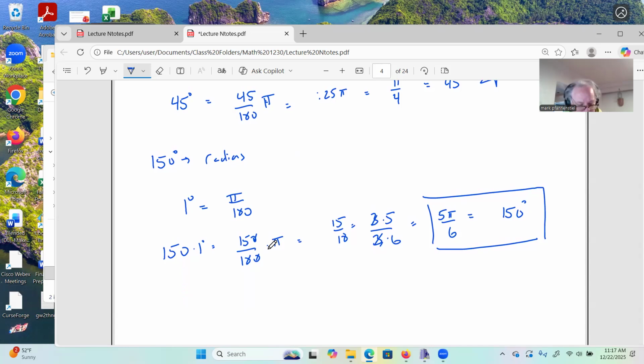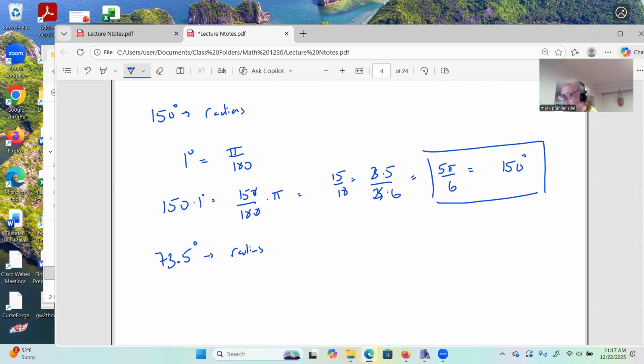Let's look at one that's a little bit harder. I've got 73.5 degrees, and we're going to convert this to radians. This is not going to be so much fun. We have 1 degree is equal to pi over 180. Again, you can memorize this as a conversion factor. I never have, because I just recreate it: 360 degrees is equal to 2 pi radians, and I go from there.